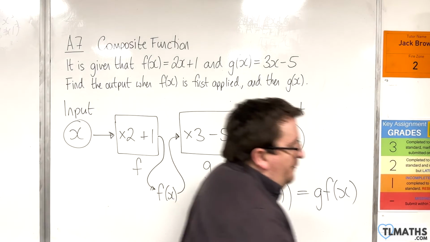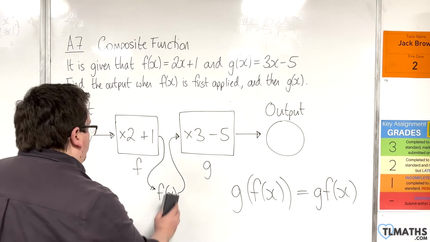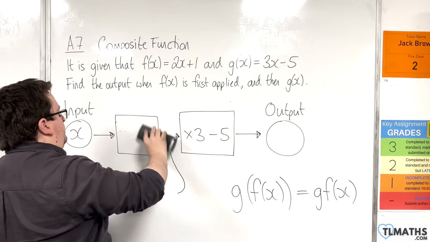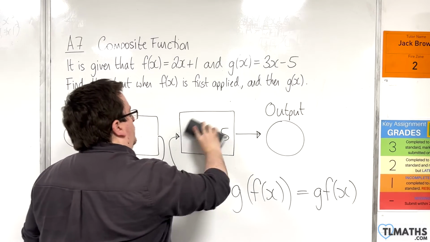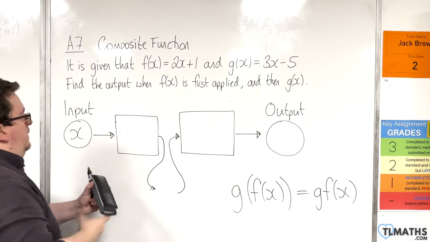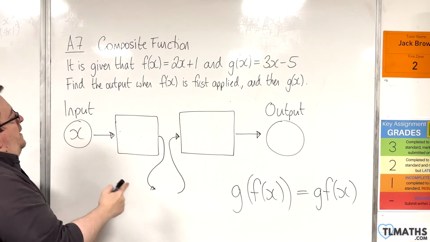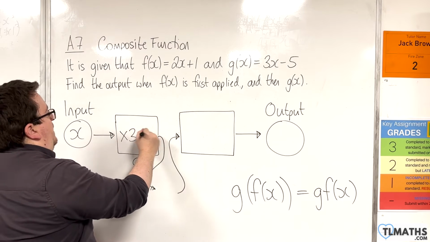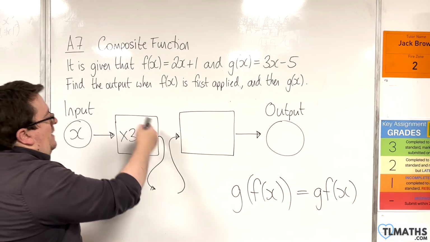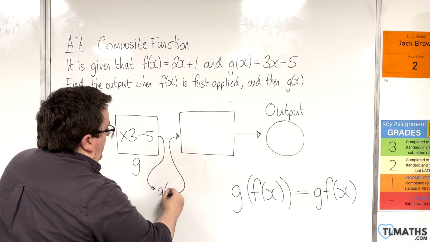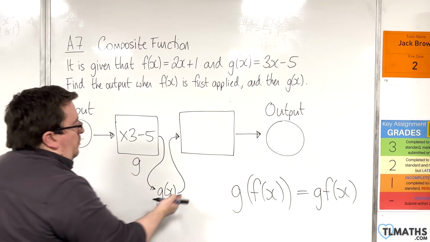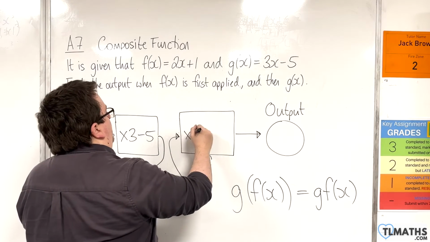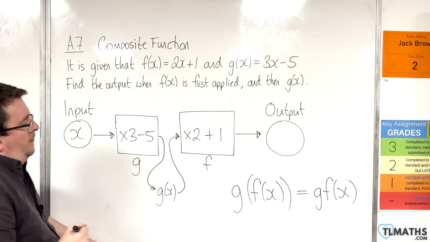Because if I had reversed the process, the first machine it's going to go into is g, which times by 3 and then subtracts 5. The output from that will be g of x. And then I'm going to put that into function f, which is timesing by 2 and adding 1.